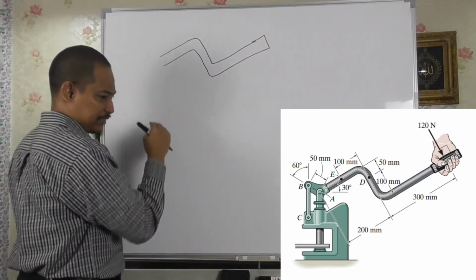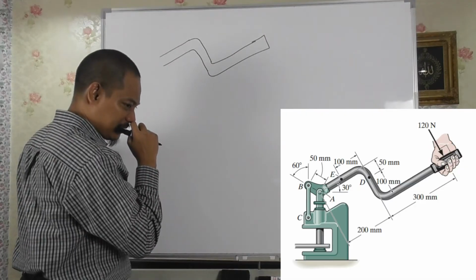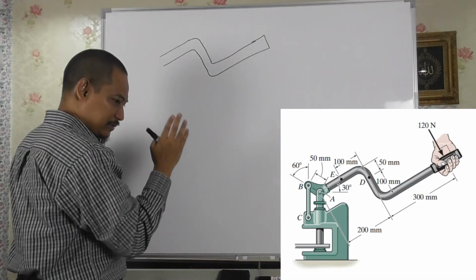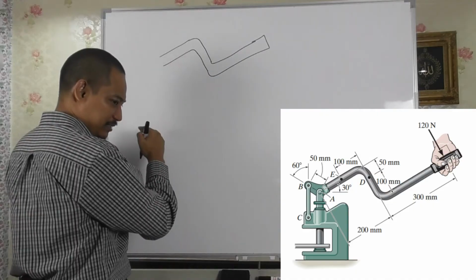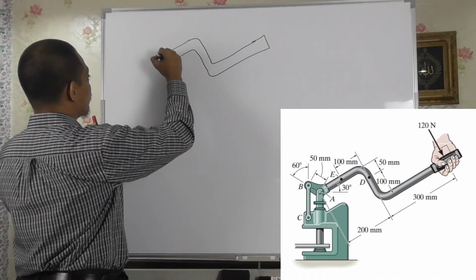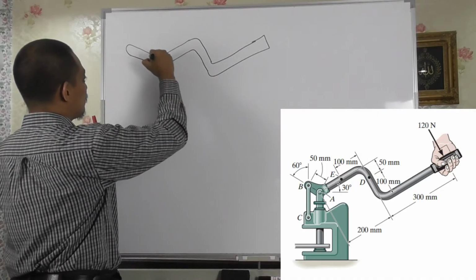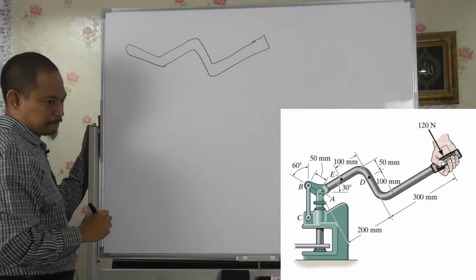And then this one is at a different angle. Oh no, it is 60 from top, so it's still 30. So something like this, right?